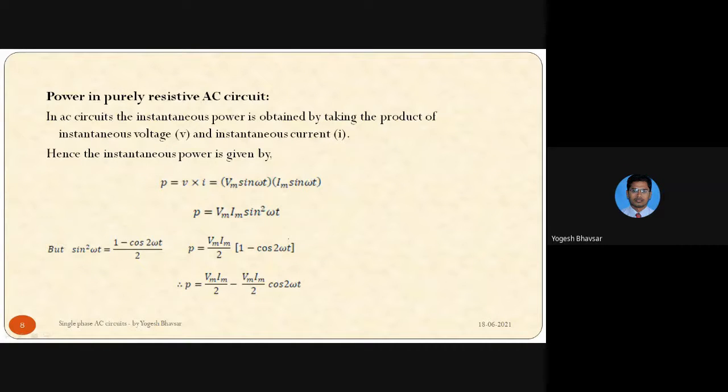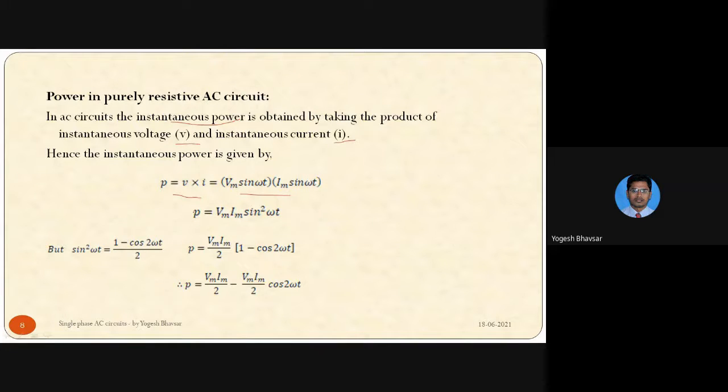Then power in a purely resistive AC circuit. So we know the basic equation of power, which is voltage into current. Let us first calculate the instantaneous power, which can be obtained by taking the product of voltage V and current I. So we have P is equal to V into I. We have the equation for V, Vm sin omega t, and I is equal to Im sin omega t.